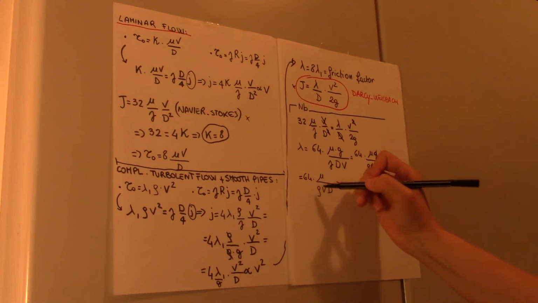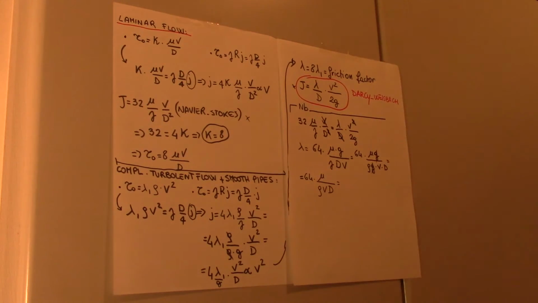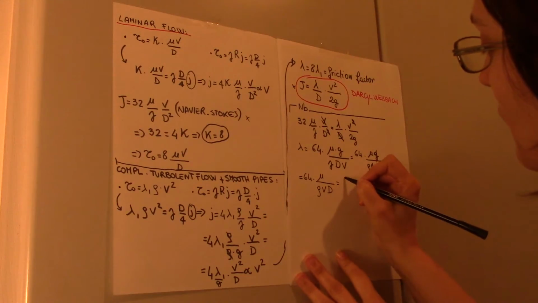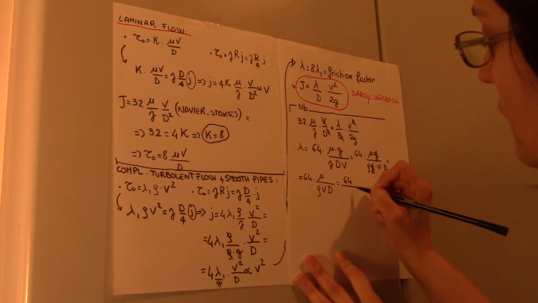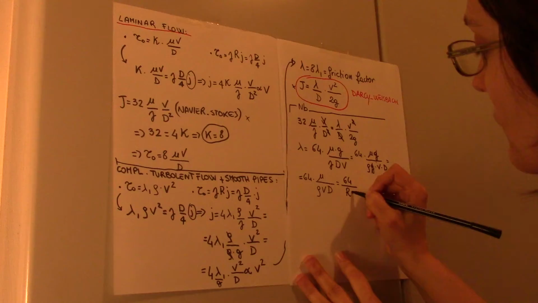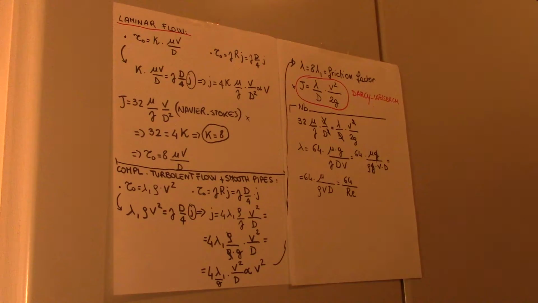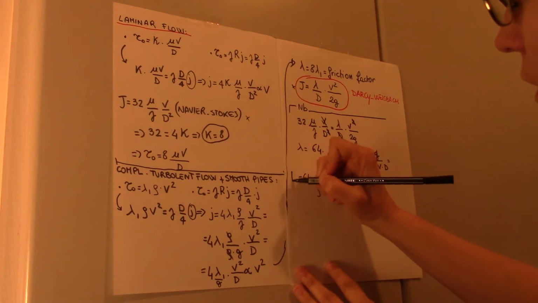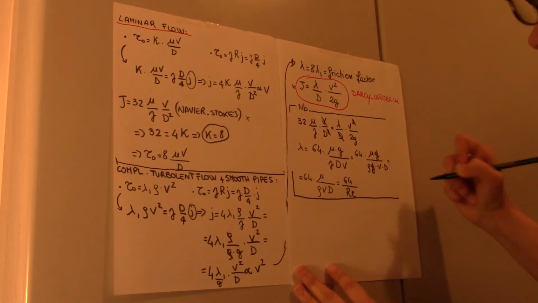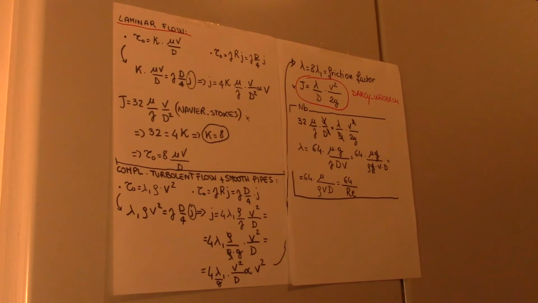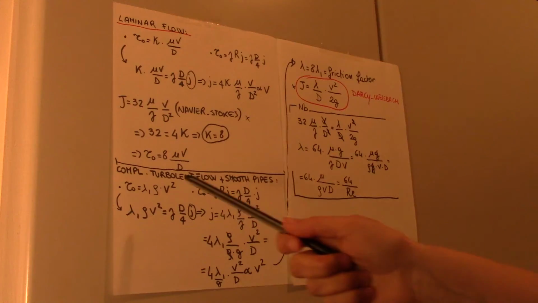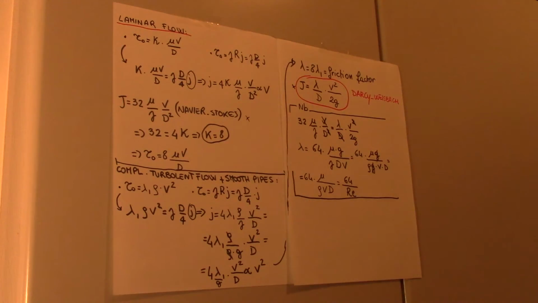But this stuff right here is the inverse of Reynolds, so this is 64 over Reynolds. These first things right here that we get just comparing Darcy-Weisbach, that we obtain in case of completely turbulent flow in smooth pipes, but it's again valid for every kind of flow.